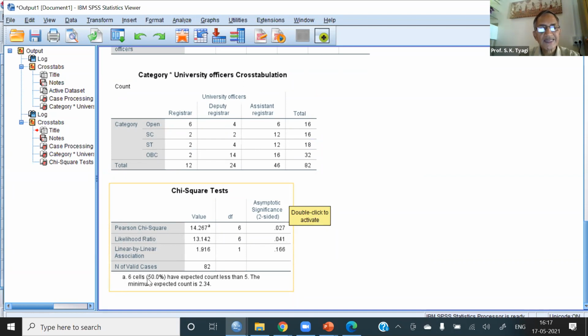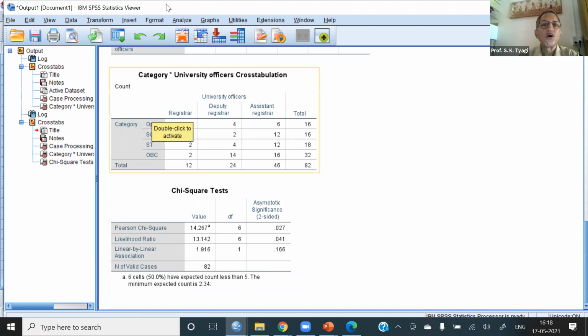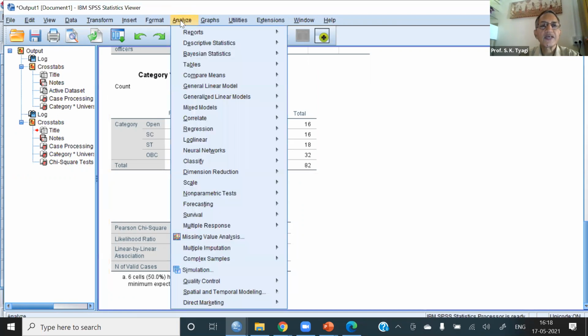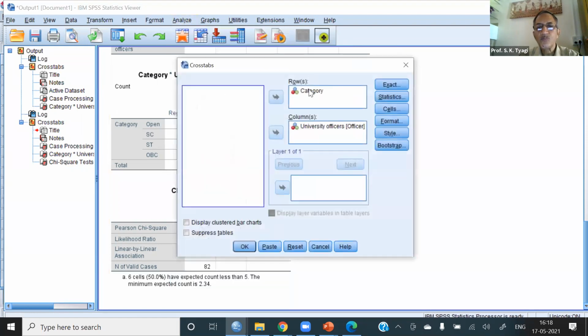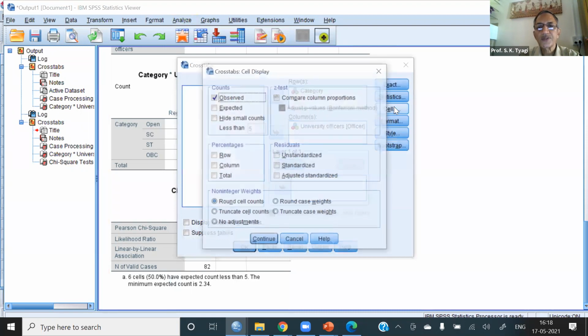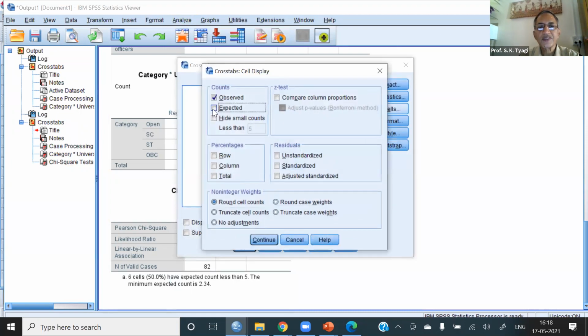It says 6 cells, 50%, have expected frequency less than 5. The minimum expected count is 2.34. As someone had curiosity yesterday, we can have the expected frequencies also: go to Cells, Expected frequency.